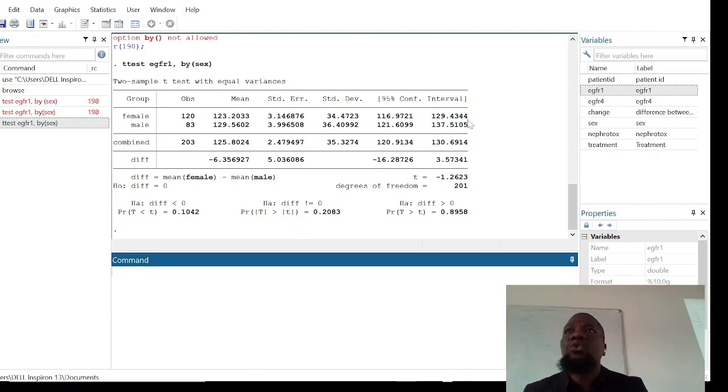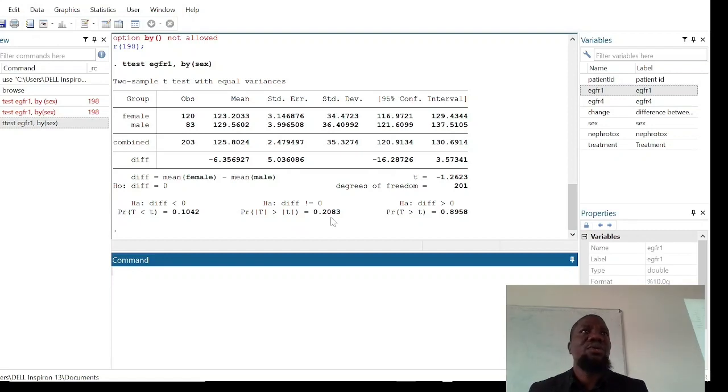We said you have two ways in which you can make a decision whether there is a statistically significant difference. One way is by simply looking at the p-value. The p-value just gives you the strength of evidence that you have to reject the null hypothesis. If the p-value is less than 0.05, you have strong evidence against the null hypothesis.